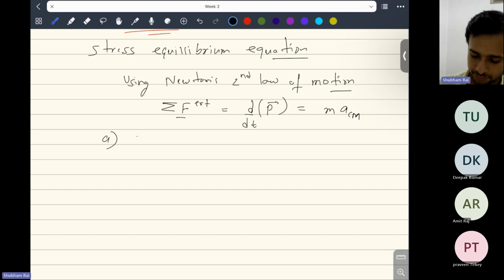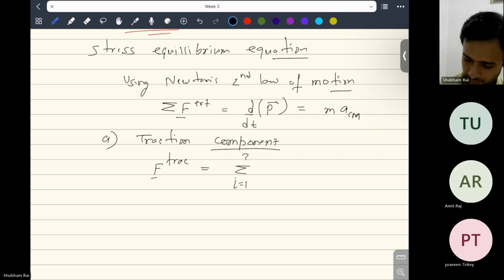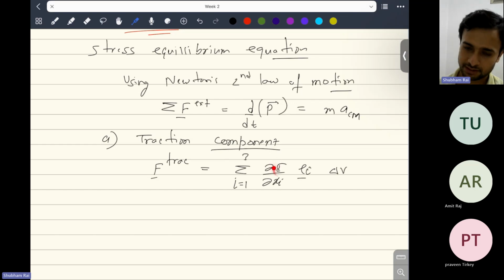The traction component of external force, I'm just writing as F track, was equal to, you can see the detailed derivation in the lectures, but the final expression was the sum over i equals 1, 2, 3 of del sigma by del xi times ei, times delta V. Sigma is obviously a tensor, and this will be a vector because you are differentiating a tensor with a scalar, so that will remain a second order tensor only, and you are multiplying it with a vector.